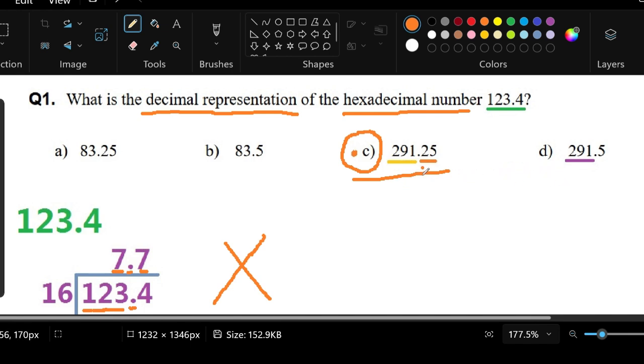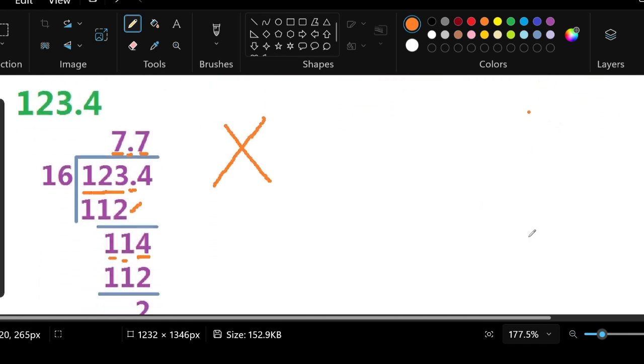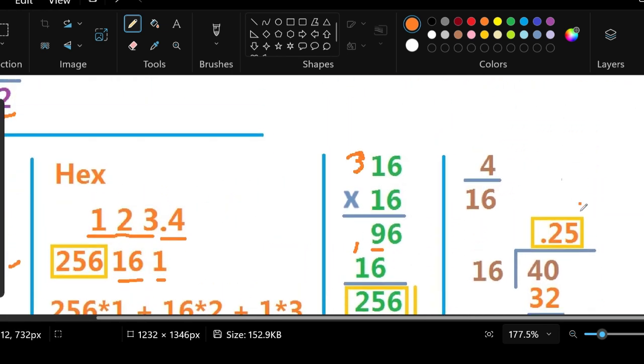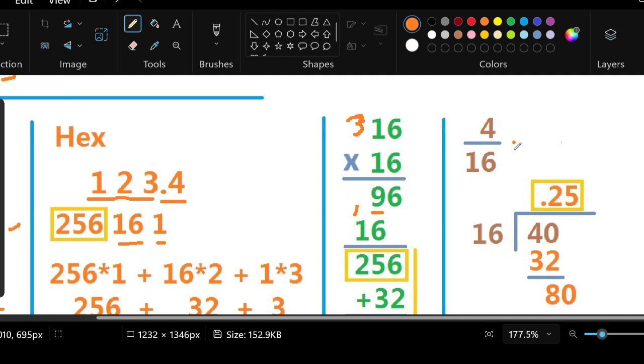The problem is there's this other part which I wasn't really too sure how to solve because it's after the decimal point. So how to solve it? What I did was think about the idea that if we have 16 possibilities and the number is currently at 4, how would we convert that into a decimal number?